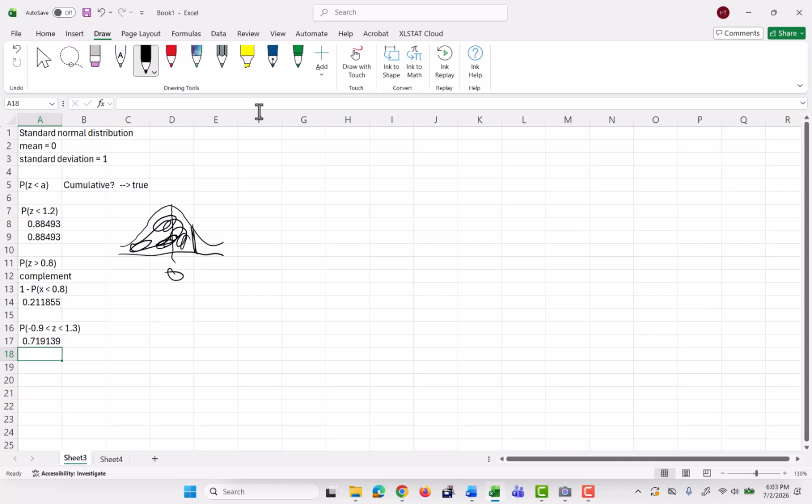Inverse calculations. Again, what Excel finds here is the z-score for a given left tail area. In other words, if the probability that z is less than a equals some probability, let's say 0.1, it's finding the value of a.